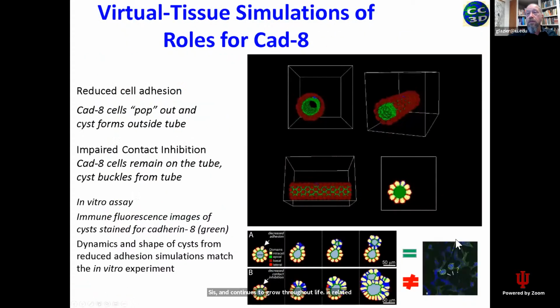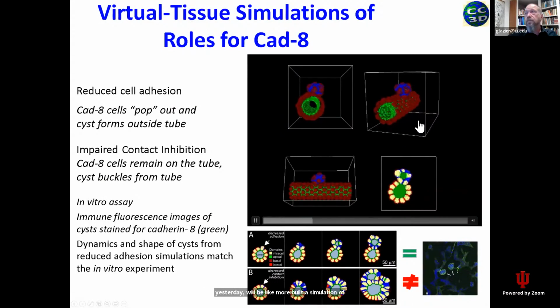And Giulio Belmonte, who lectured yesterday and will be lecturing more, built a simulation of kidney tubules in vitro. In this case, you take a kidney tubule that has a set of contact inhibitory signals. Those contact inhibitory signals lead to a stable tubule.